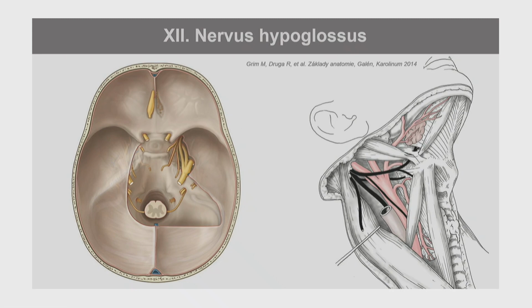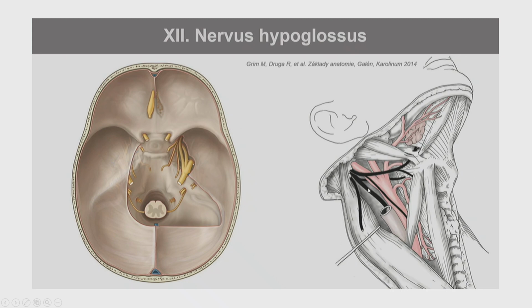And the last cranial nerve is the hypoglossal nerve, which is cranial nerve number 12, going to the hypoglossal canal. Of course, it's making an arch to the carotid triangle. This triangle is extremely important, the carotid triangle.